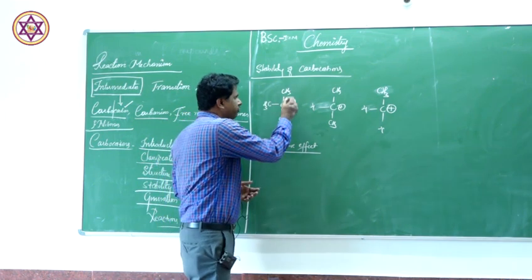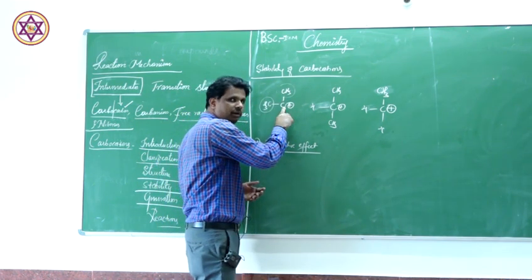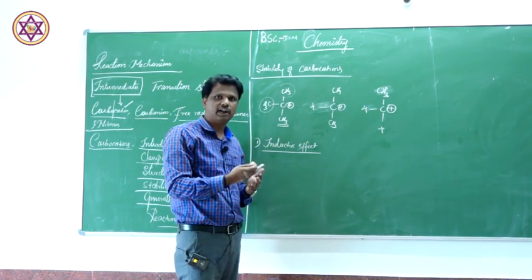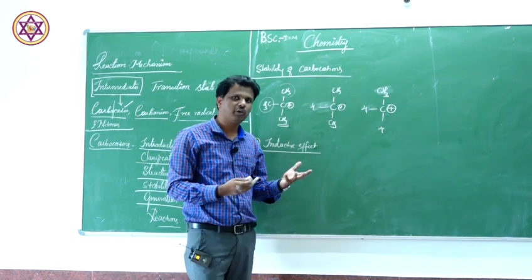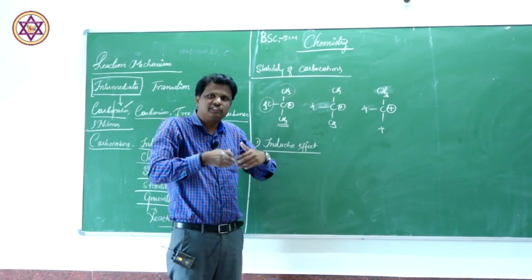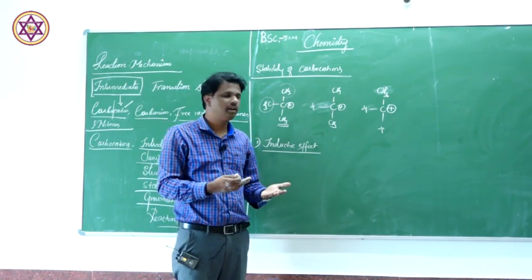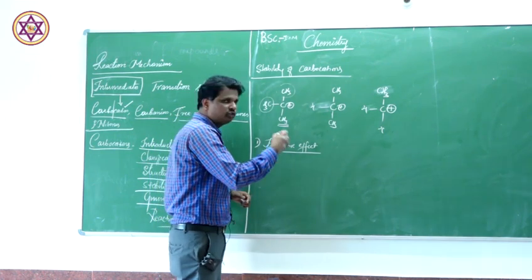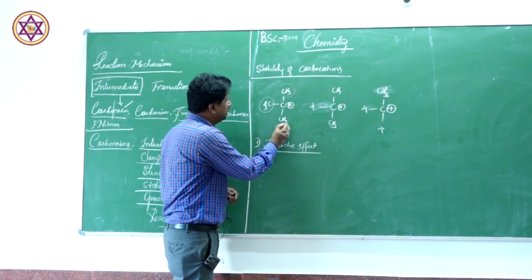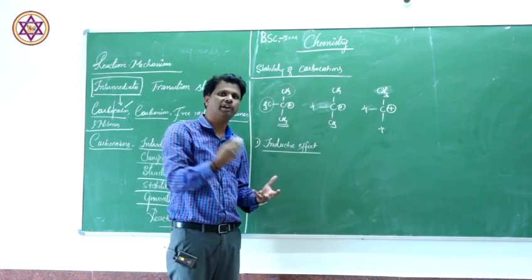If the groups attached to the positively charged carbon are electron donating, they stabilize the cation. If the group attached to the carbocation is electron withdrawing, it intensifies the positive charge and thereby creates destabilization. Now look here: in the tertiary carbocation, 3 groups are electron releasing in nature, because we know that alkyl groups are electron donating in nature.